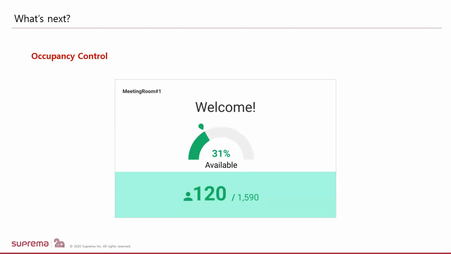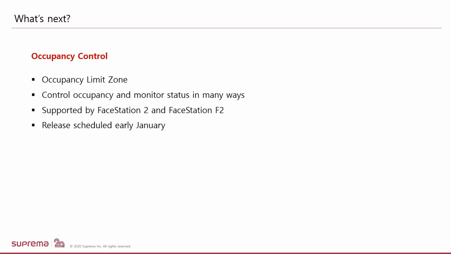You can display what's going on in that zone, and whether a person is able to enter the zone. When the occupancy is full, the user will not be able to authenticate on the device, so it will be blocked. We're going to call it the occupancy limit zone, since we have the zone concept for advanced access control. The target is to control occupancy and monitor the status in many ways.